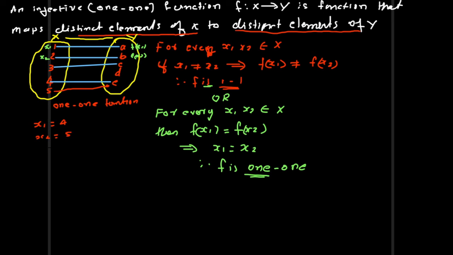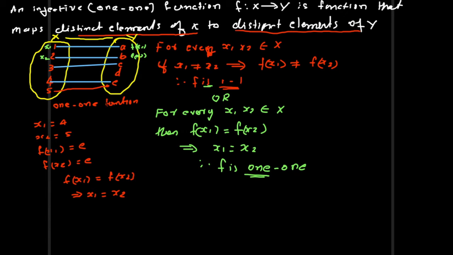Then f of x1 equal to E, and f of x2 is again E. In this case, f of x1 equals f of x2. This implies if x1 also equals x2, therefore what?